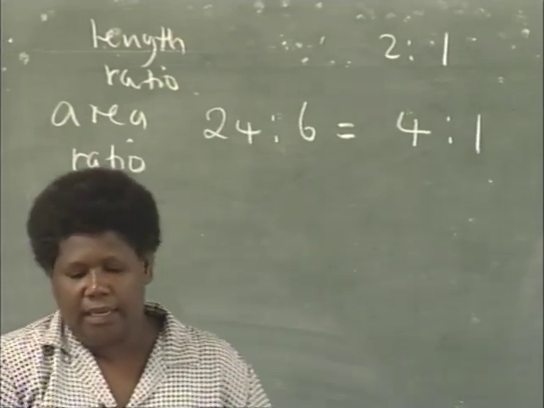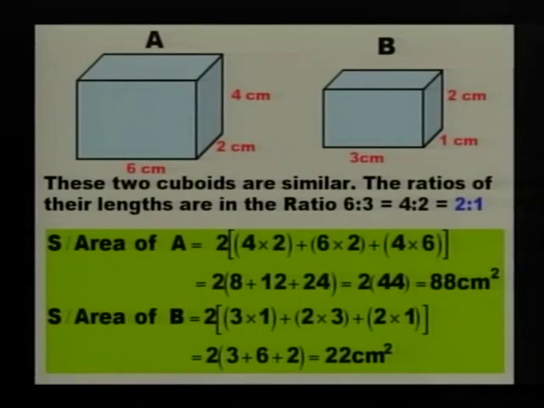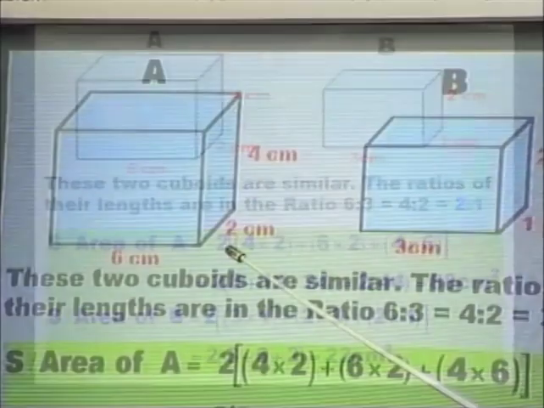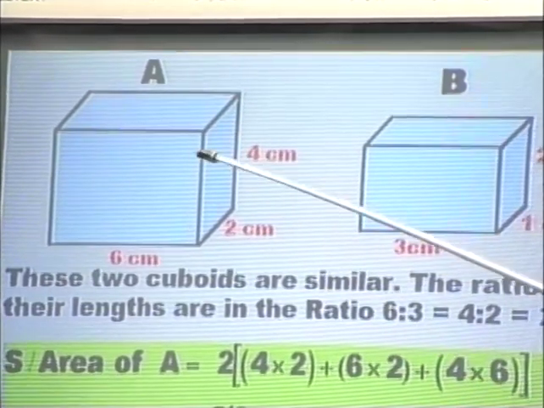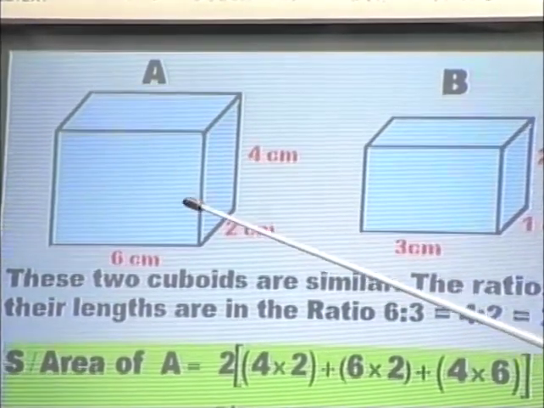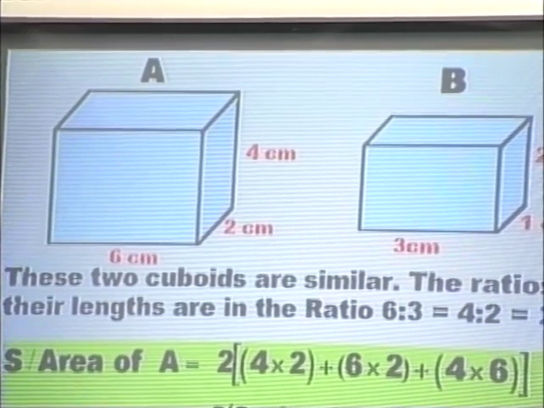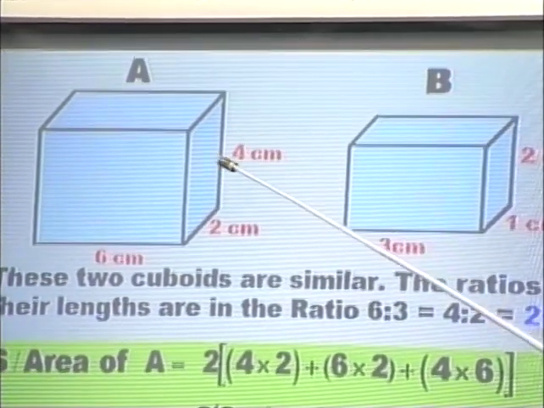Okay, then I went ahead and calculated the surface area, and you all know that this cuboid has 6 faces, one at the front, one at the back, 2 on the side, 1 at the top and 1 at the bottom. So there are 2 faces that are the same, and I multiplied each of the areas by 2.